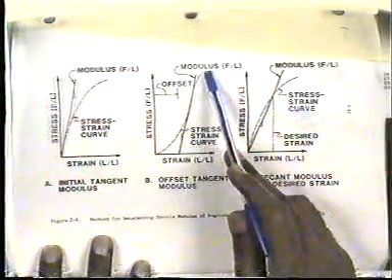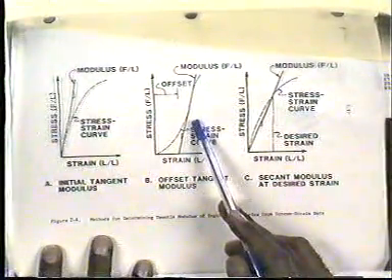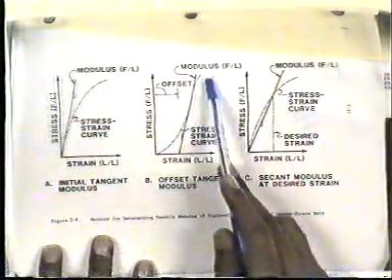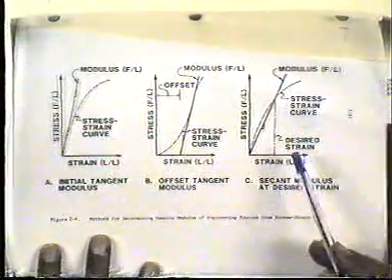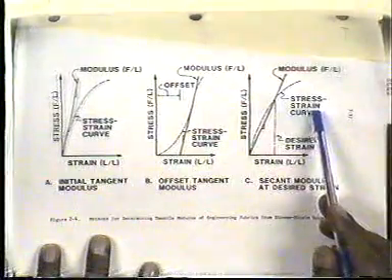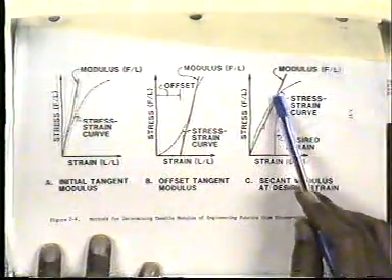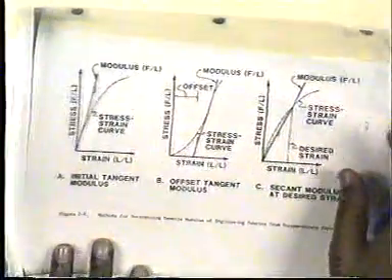We can also measure the offset tangent modulus of geotextile material. So this is the offset, this is the modulus, and also we can measure the secant modulus at a desired strain. So this is one of the most important parameters in geotextile engineering.